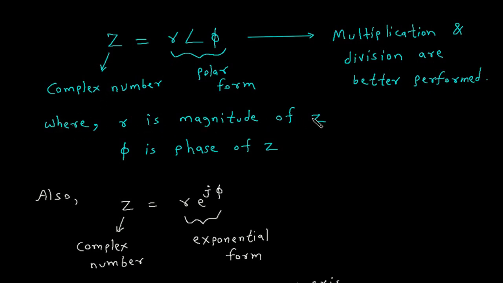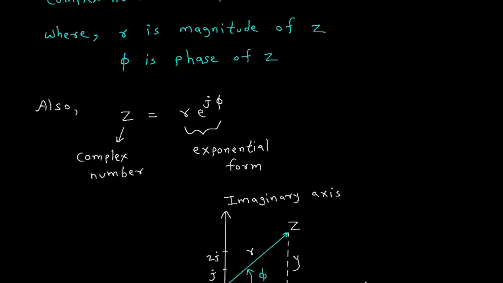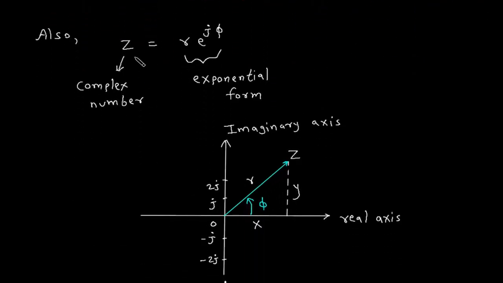So this is called polar form. Also, z is equal to r into e to the power j phi. This z is the complex number and this is the exponential form.